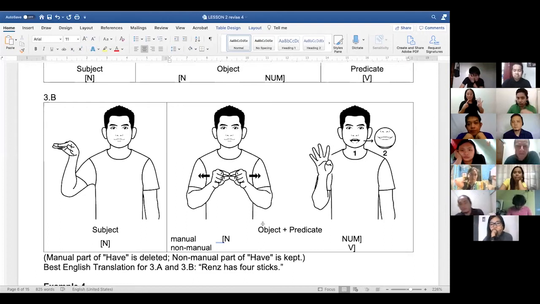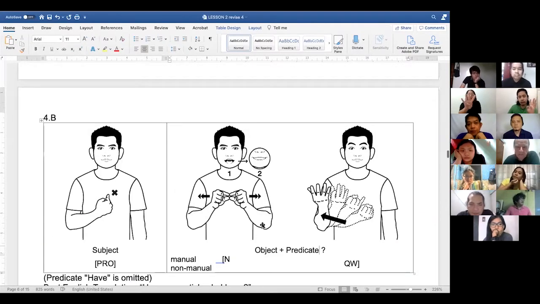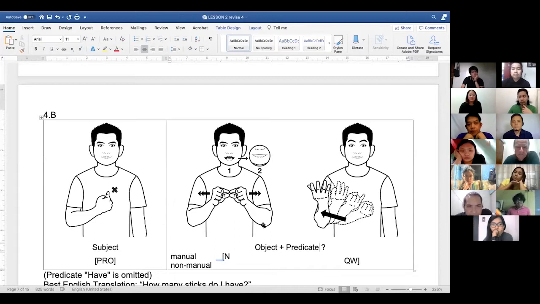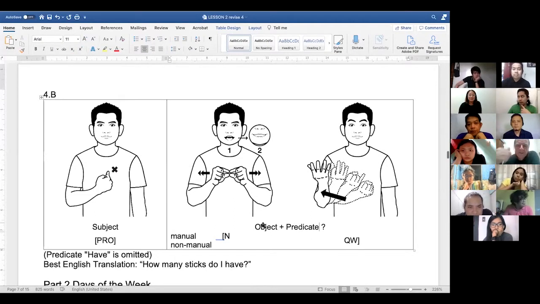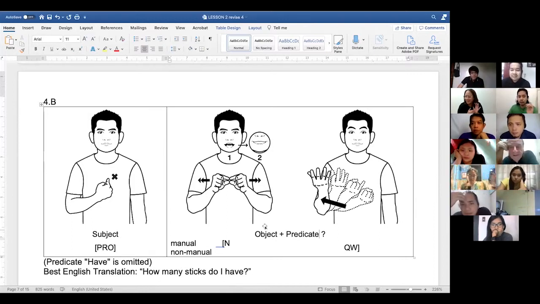Okay, but go down to 4B and tell me what you see. Where is the have? It's hidden. Say again? It's hidden.